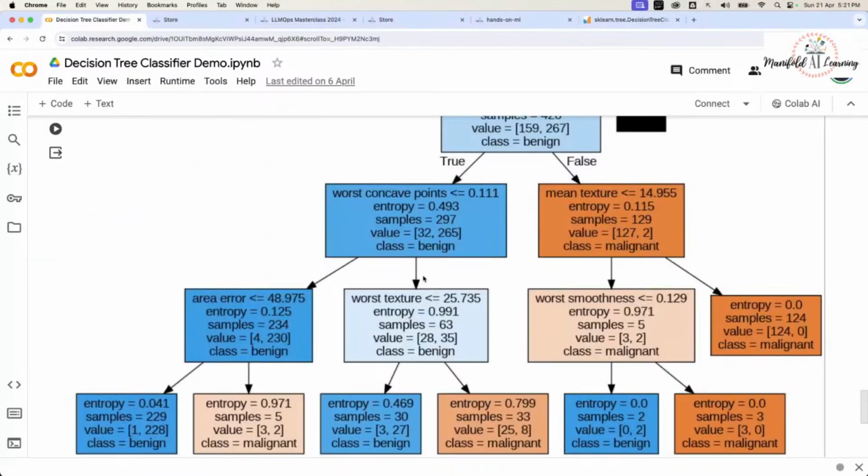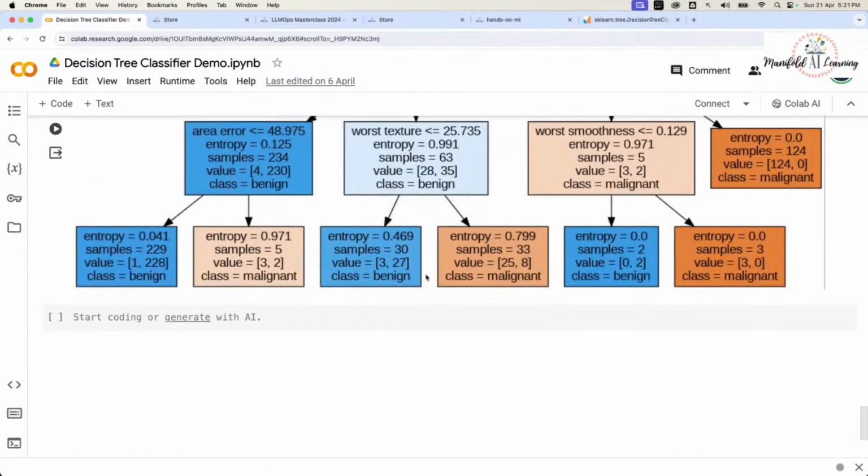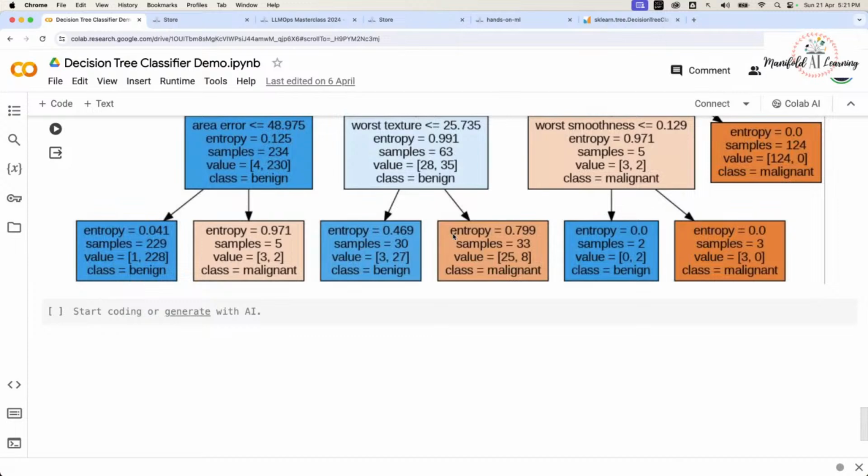Now, the question that comes to our mind is, now that we have a trained model present, how can we go ahead and generate the prediction? Or what would be the next step that we generally do?